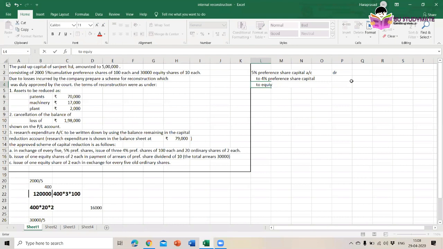How much is the amount here? That is 1,20,000.